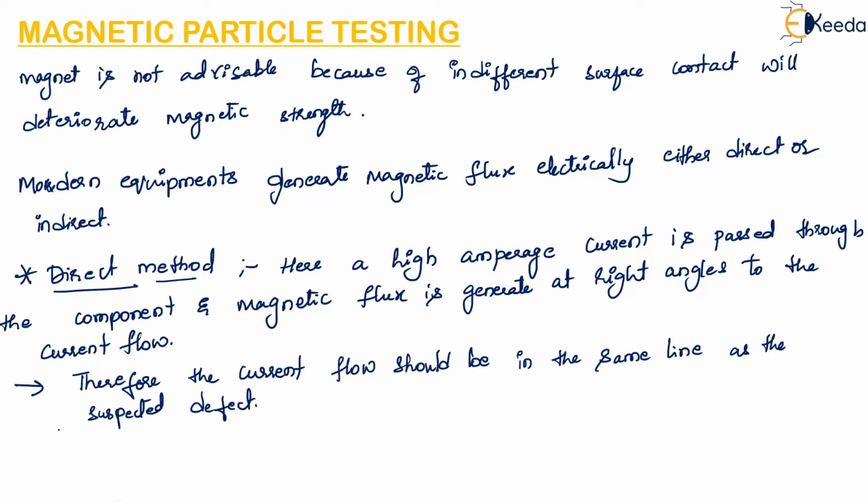So in this method we must have some idea about the defect, because we have to pass the current in the same line as the suspected defect. But in some cases we may not know where the defect is actually present. In those cases we use the indirect method.